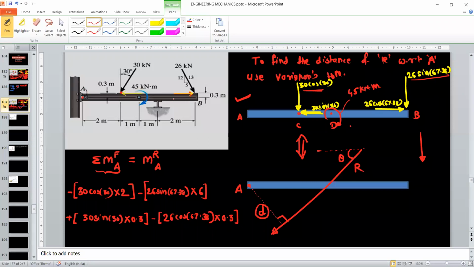I will enlarge this image so that you will understand how to take the moment by this distance of 0.3 meter.